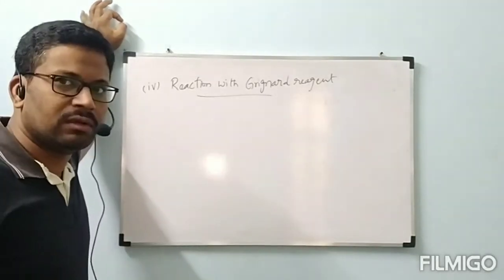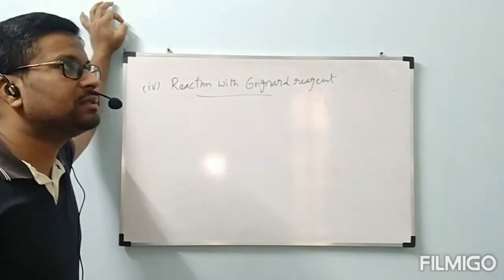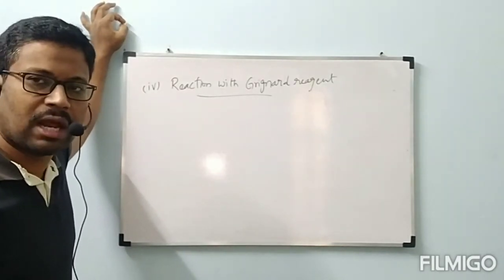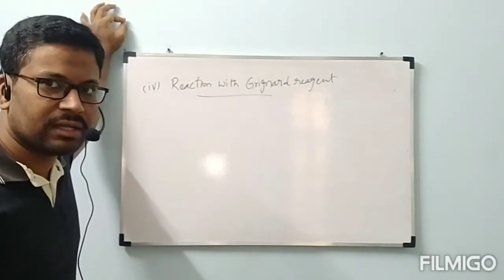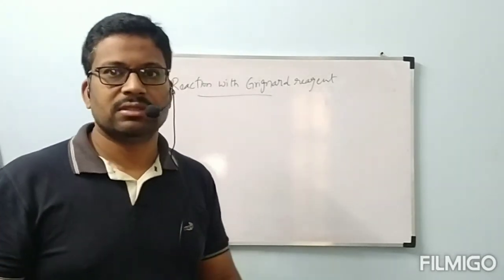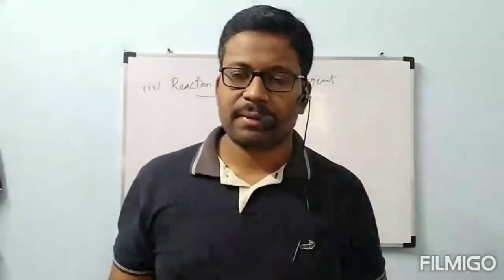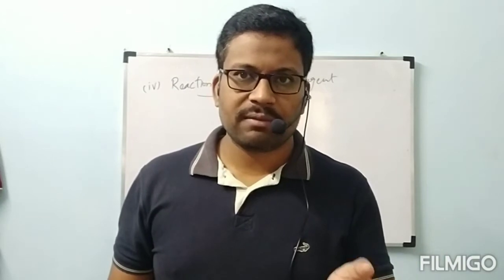This one we already know. When aldehydes or ketones react with Grignard reagent, we will get alcohols. That one we have seen in preparation of alcohols. You can just revise that one. In preparation of alcohols, in our notes only, we have seen alcohols will be prepared from Grignard reagent.